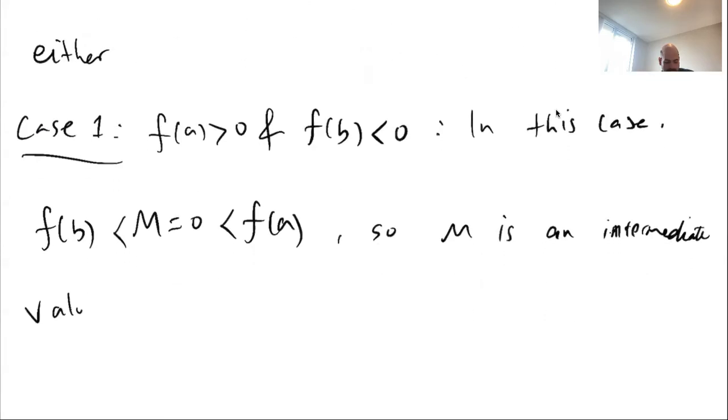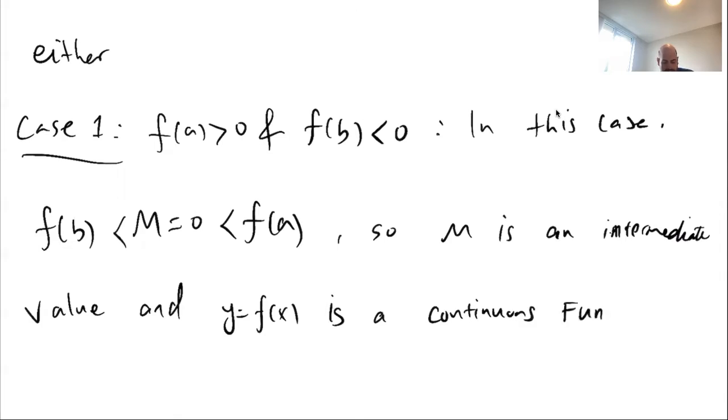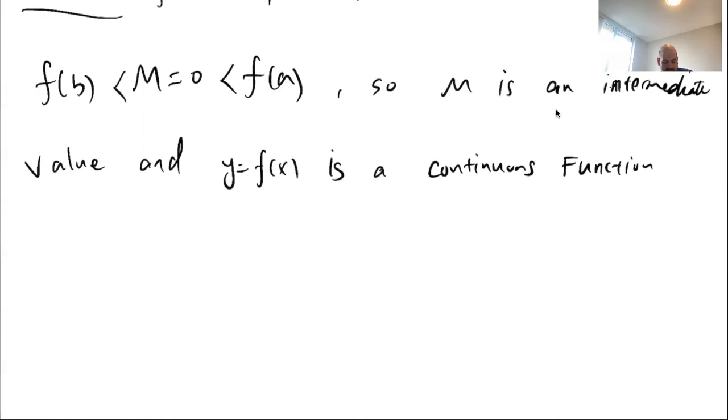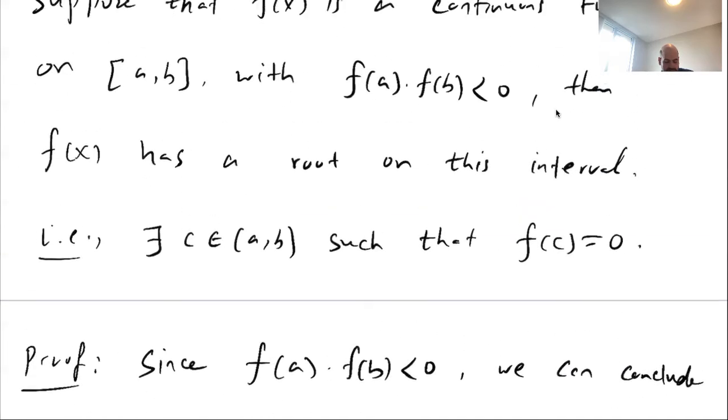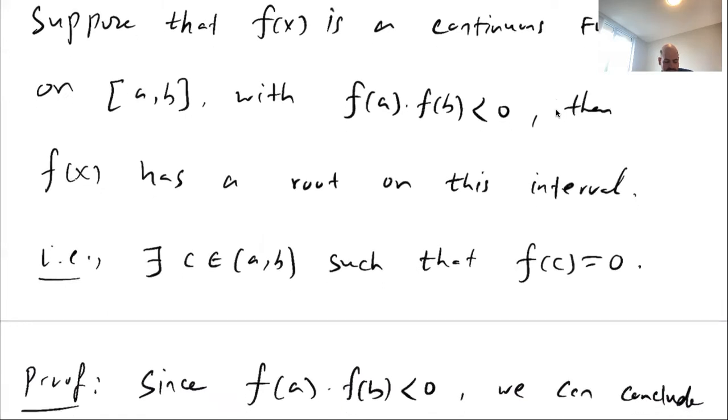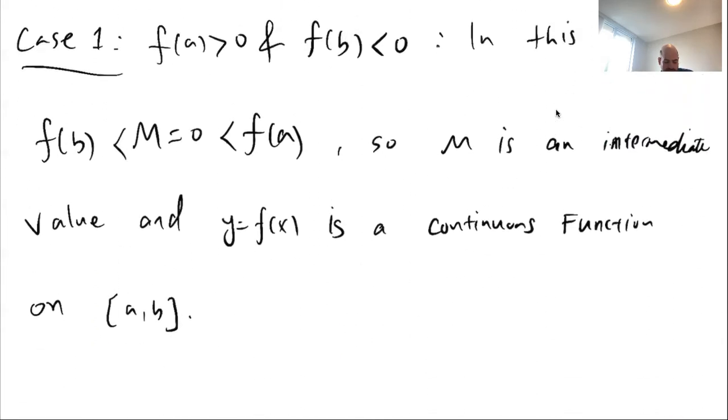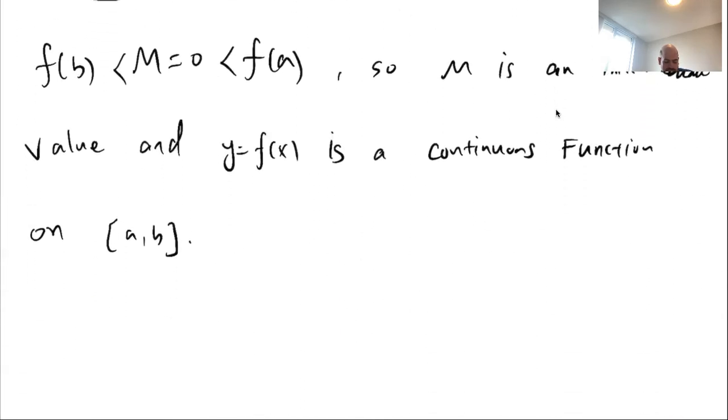Intermediate value, and y equals f of x is a continuous function on the interval a to b by assumption, right? Remember, our assumption was that f is continuous on a to b and f of a times f of b is negative. So m is an intermediate value and this is a continuous function.